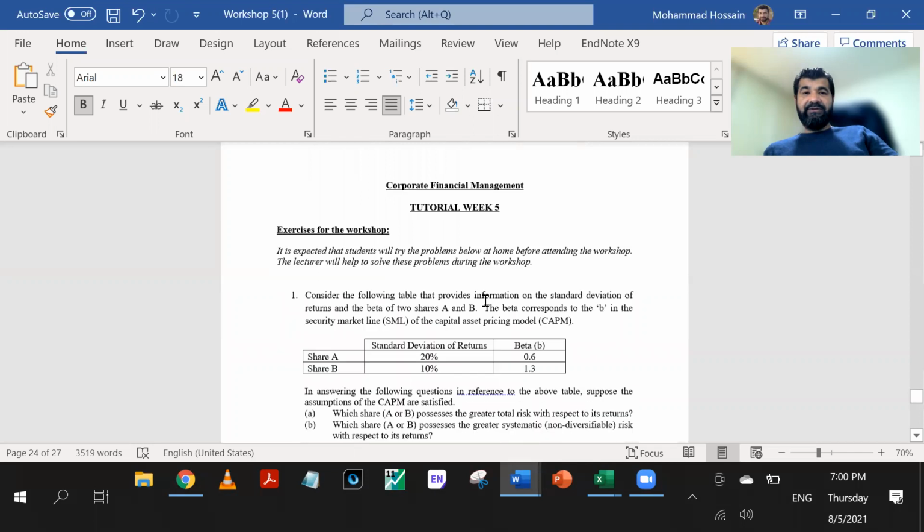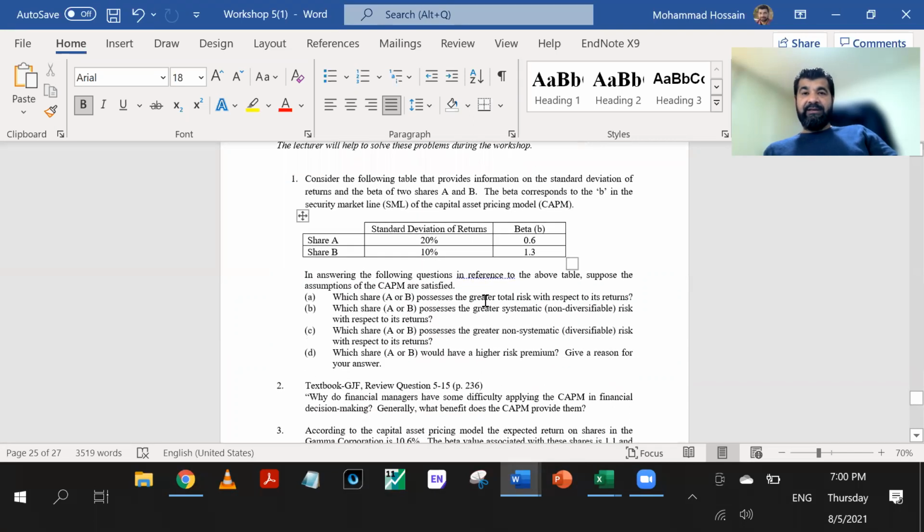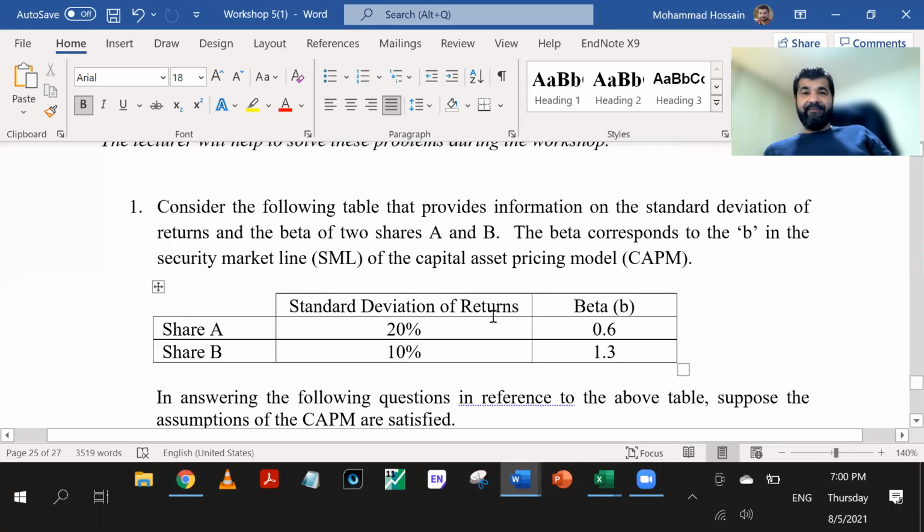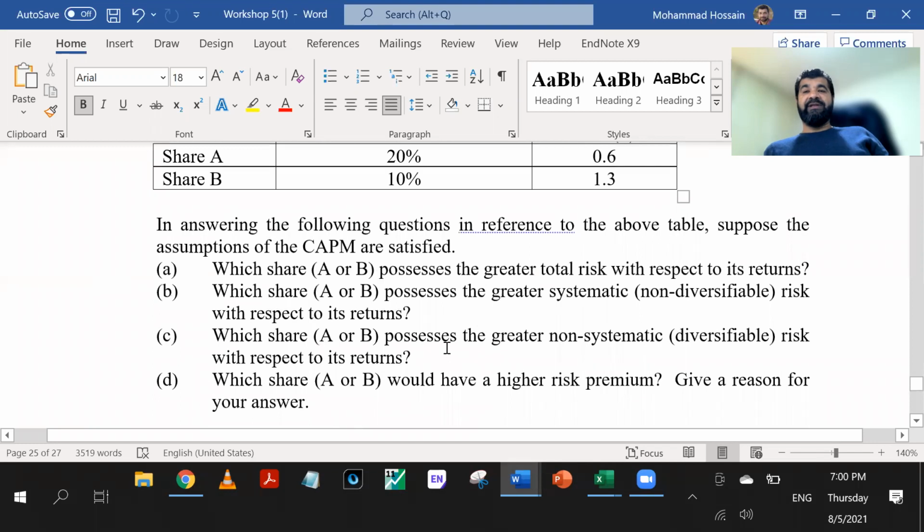All right, we don't have much in there. All right, let's try with this problem set. This is from last week, I think, the beta thing. Standard deviation, returns, beta things, and I will do the CAPM thing from here. All right.